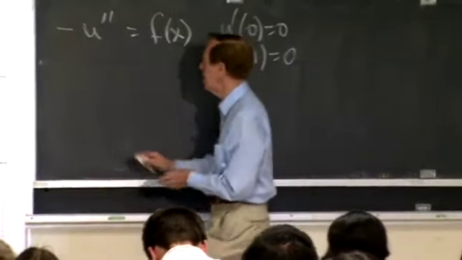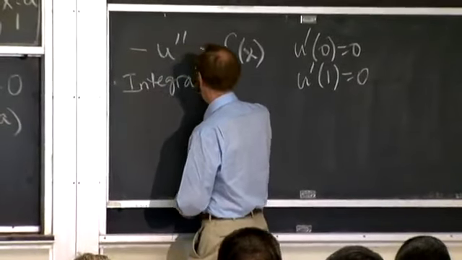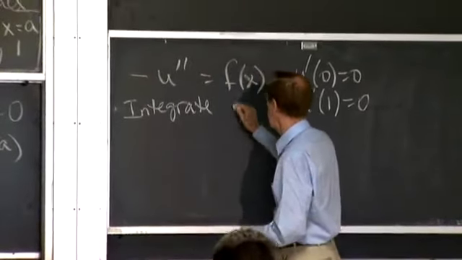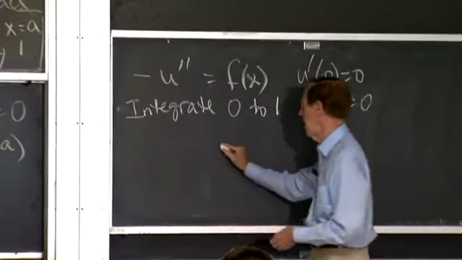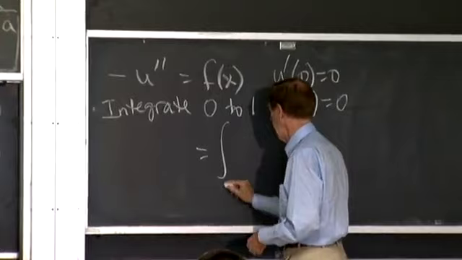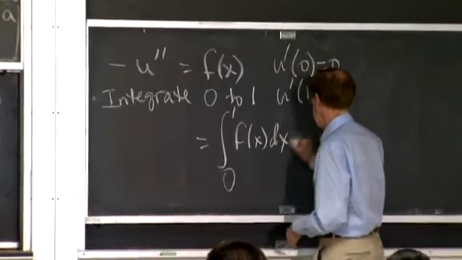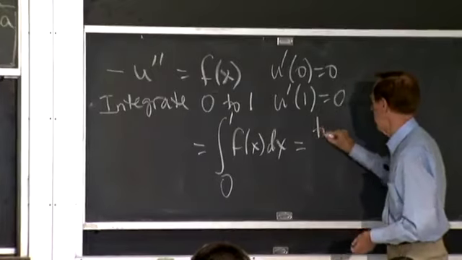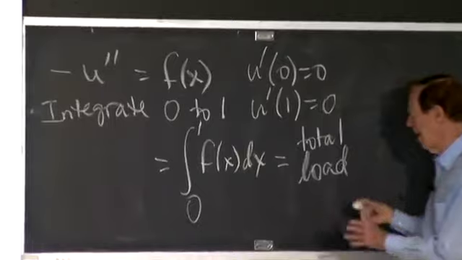The key idea is integrate from 0 to 1. Okay, what do I get on the right-hand side? Well, I get the integral of f, whatever it is, and I would call that the total load. Fair enough?